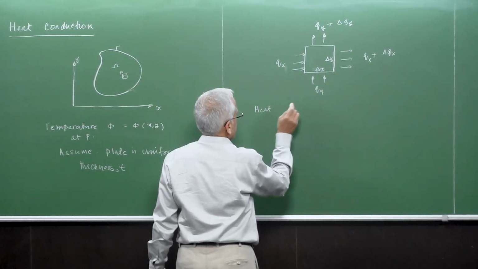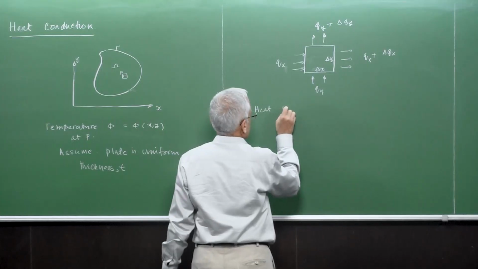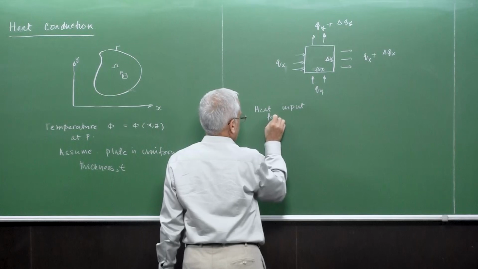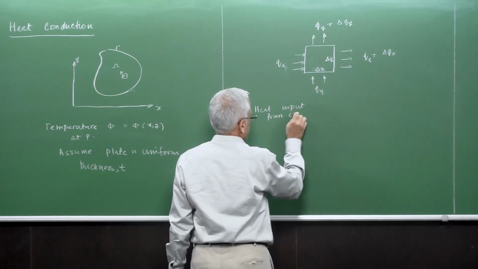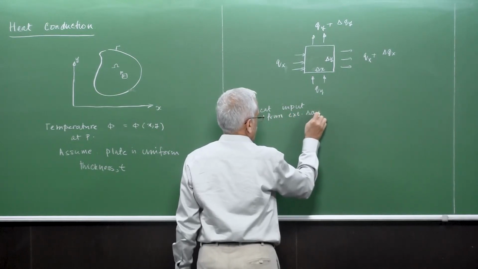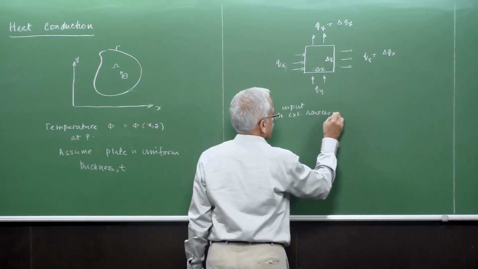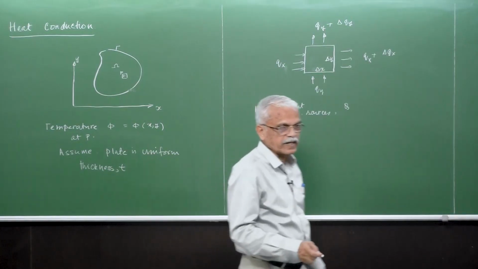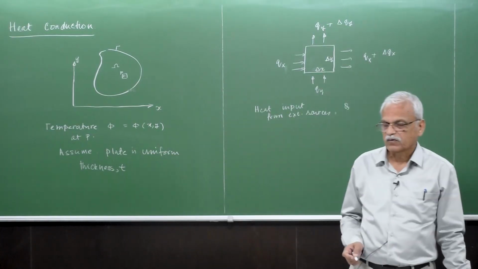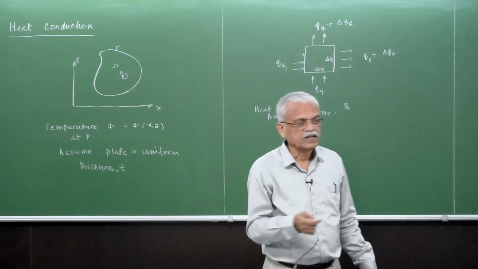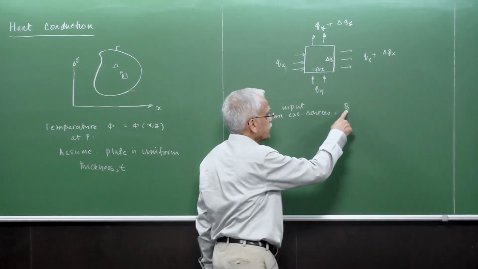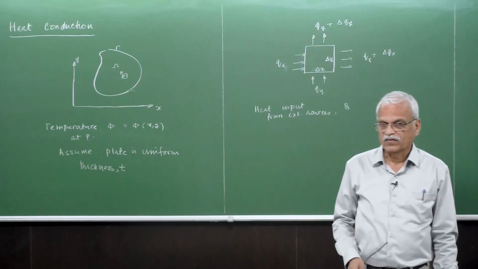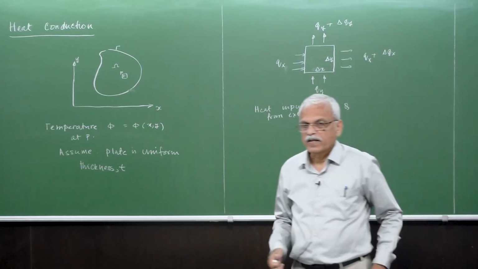So there can be heat generated here or heat input from external sources, let us say Q at this point, and Q by itself may be a function of XY. That means how much heat is input here, and this Q is also a heat input density, so it is per unit volume.